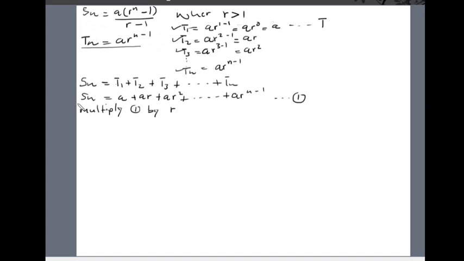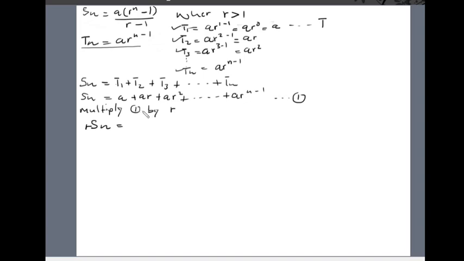When we multiply the left hand side by r, we will have r Sn, right? And when we multiply the right hand side by r, we're simply multiplying each term in this sum by r, right? So here I'll have a times r, here I'll have ar times r, here ar squared times r, all the way to ar to the power n minus 1 times r, right?